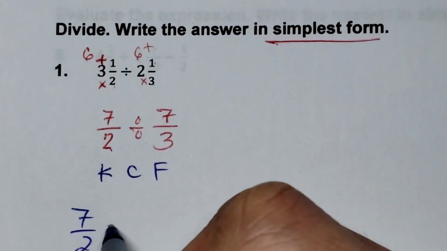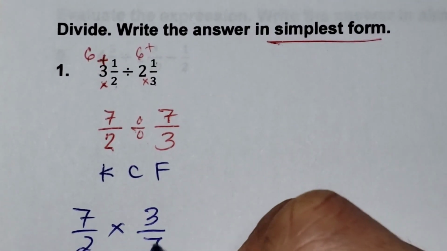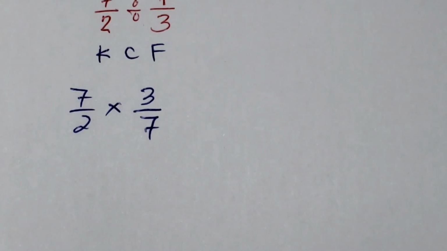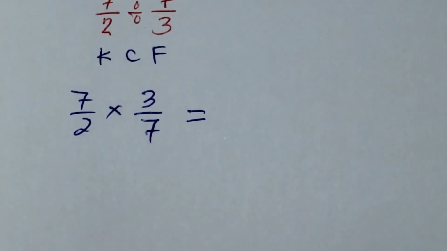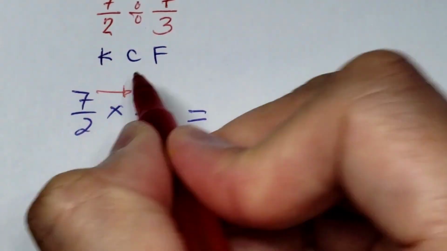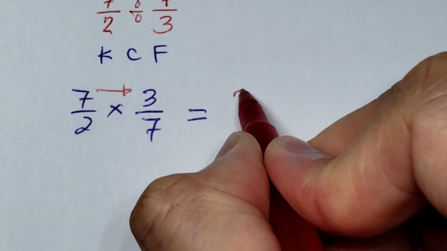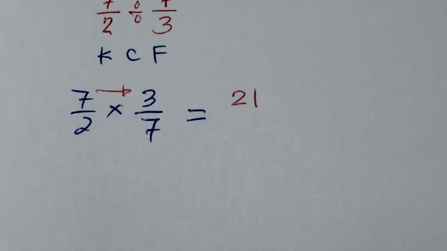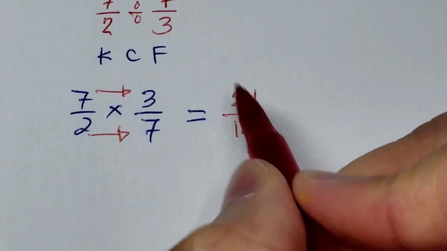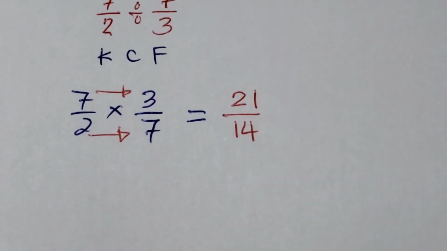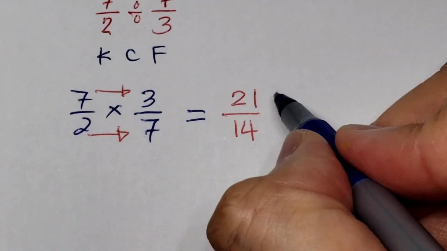So 7/2 times 3/7. Okay? Now, you can multiply straight across. So 7 times 3 is 21. And then you get 2 times 7 is 14. Now, what number can you divide 21 and 14 by evenly?